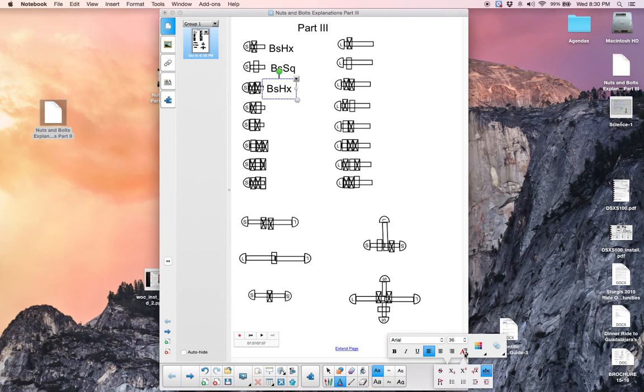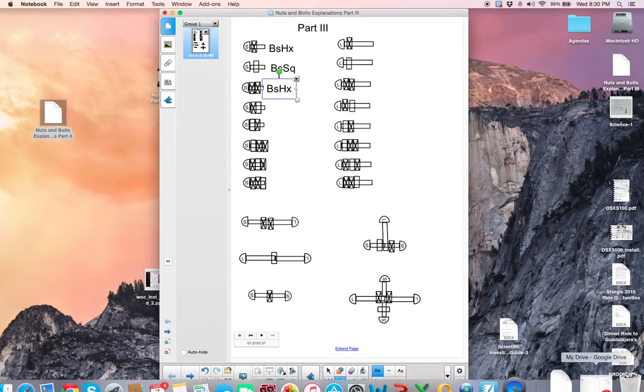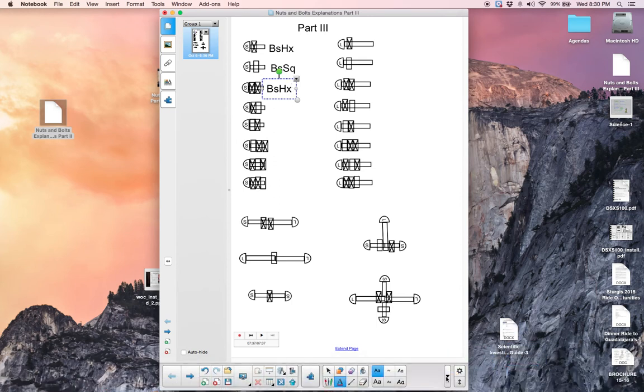Because I have two hex nut atoms, I'm going to put a subscript. It was supposed to be a subscript. Okay, it lied to me. Shame on it. All right, we'll try this again. Oh, maybe because I didn't click on that.